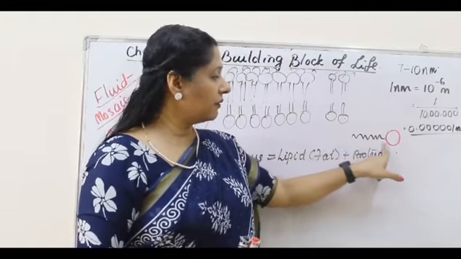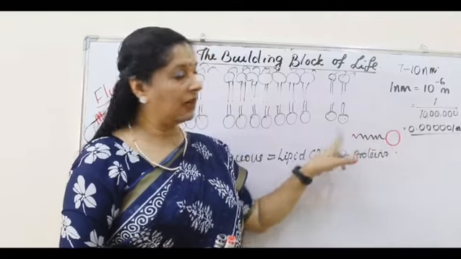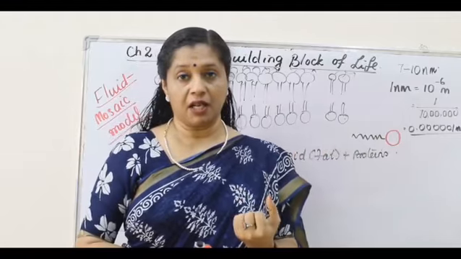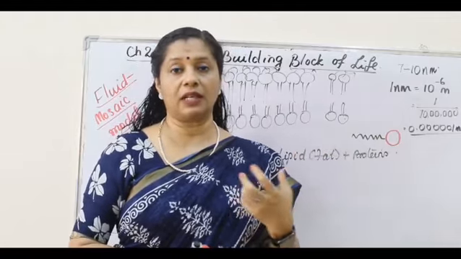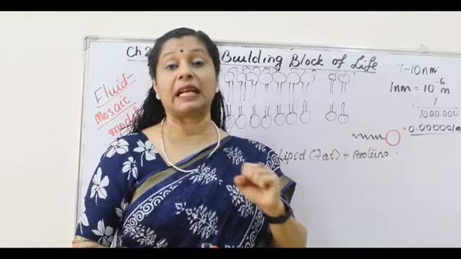Now, one molecule of lipid, if you see, has a structure like this. It has a long tail and a head part. This head part is water loving, hydrophilic. It loves water or it attaches with water. Whereas the tail is hydrophobic, water hating.